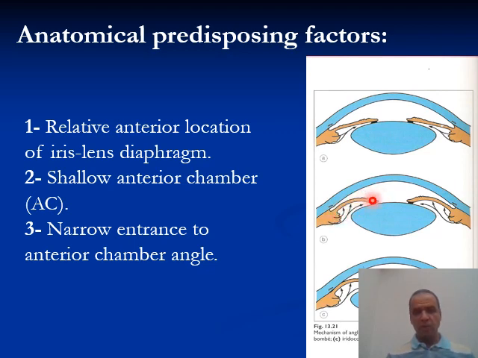This anterior bowing is called iris bombe. More aqueous in the posterior chamber leads to more bowing of the iris and direct contact between the cornea and the periphery of the iris, occlusion of the angle of the anterior chamber, and sudden rising of intraocular pressure, which might reach 50 mm mercury or even more.